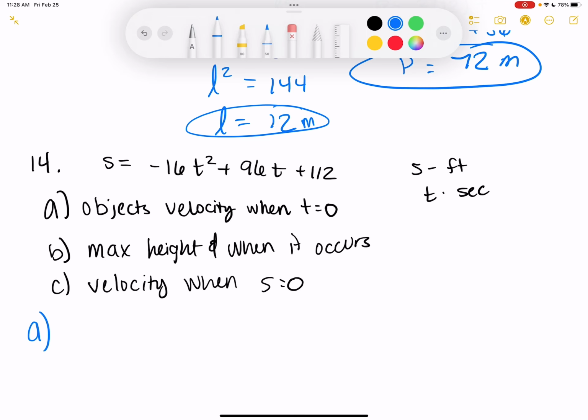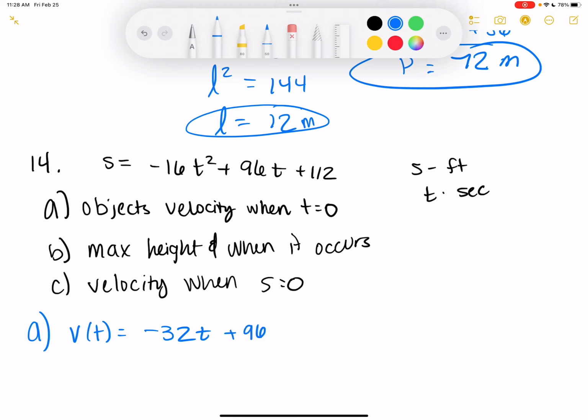All right, so velocity when t is equal to 0. So how do I find velocity given position? Take the derivative. So velocity is equal to negative 32t, because 16 times 2 is 32, plus 96.